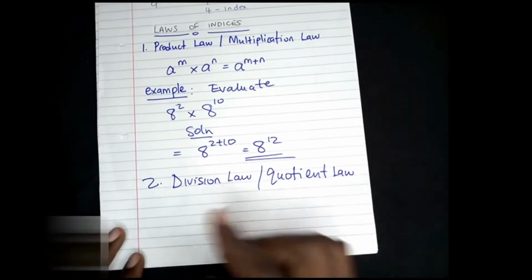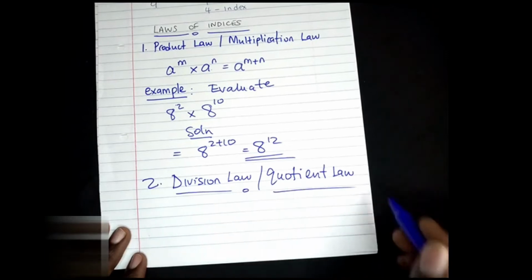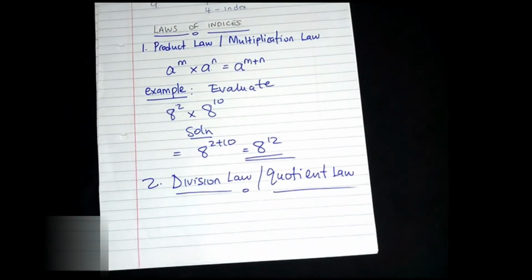And when we are looking at this particular law, one thing that we need to know is that if the base is the same when dividing two given numbers, the index of the divisor is subtracted from the index of the dividend.